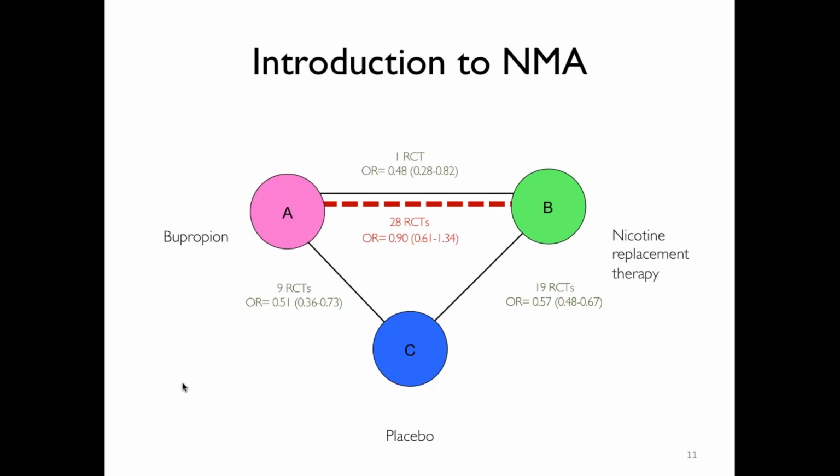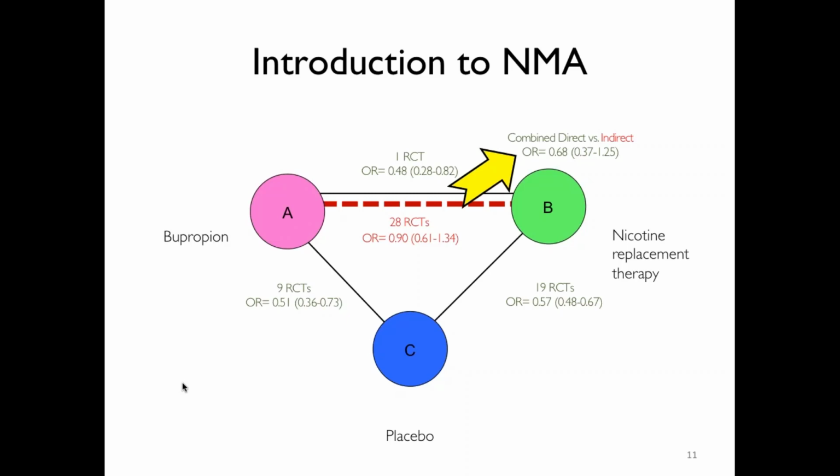So in this example, there is 1 RCT. We can get a network meta-analysis estimate by combining the direct and indirect evidence. The combination of these both estimates, the direct and indirect, may enhance precision in the NMA estimate by increasing sample size and thus narrowing confidence or credible intervals.